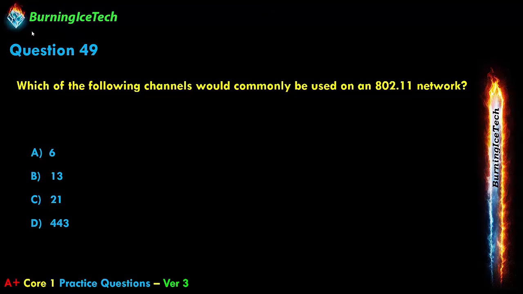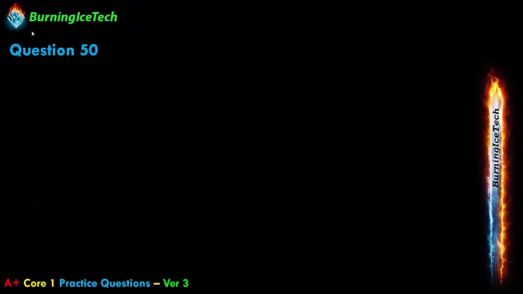Answer B says channel 13. That does not exist on the 802.11. Channel 21 does not exist. 443 does not exist. The only answer there, guys, is the one that says 6. 6 is one of your 11 channels on the 802.11 wireless standards. So that's our answer.